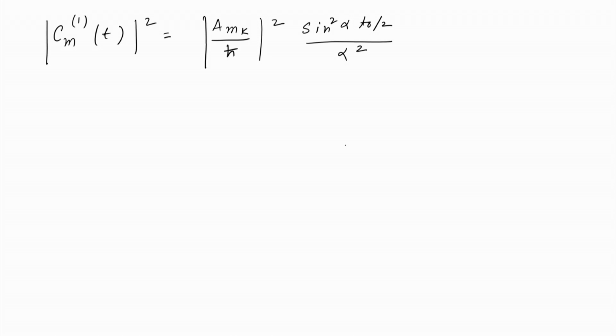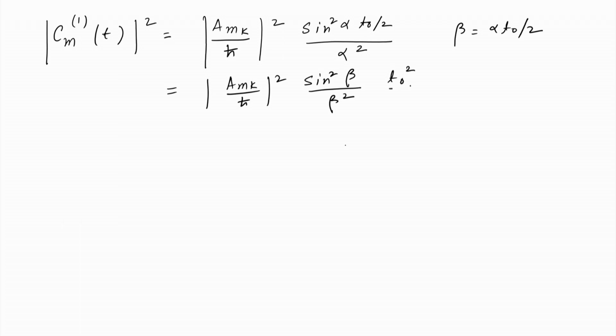Let us in addition take beta equal to alpha T 0 by 2. Then this would be written as A mk by h cross square, sine square beta by beta square, and since we have taken T 0 by 2 whole square common, that has to be multiplied here. So, T 0 square by 4 will be there.